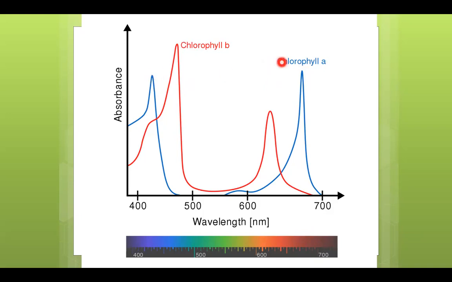So it does absorb blue and red, but more red than blue. And then chlorophyll B absorbs, again, both, but different wavelengths. You see that? Chlorophyll A absorbs more of the violet color down here. Chlorophyll B absorbs more of the blue color. Chlorophyll B absorbs more of the oranges, and chlorophyll A more of the dark red. But altogether, you see where it does not absorb light is in the green area, and that's why plants appear green.